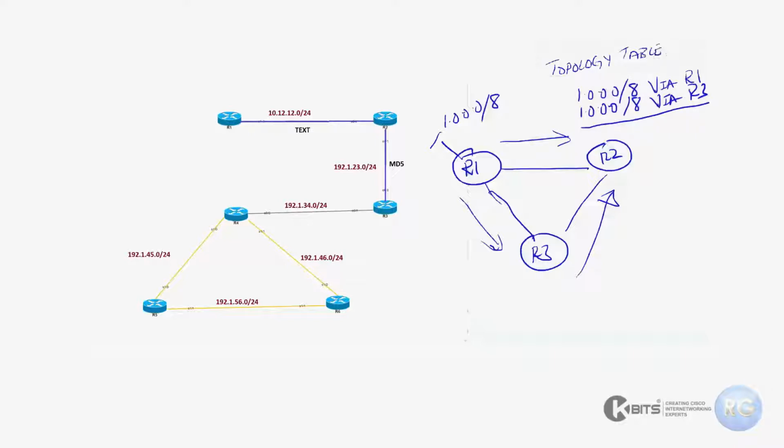Once a route is put in the topology table, EIGRP runs an algorithm called DUAL, the diffusing update algorithm, to figure out the best route. I haven't put the metrics over here. It would find out one metric is better than the other, and based on that, it would put the best route into your routing table.